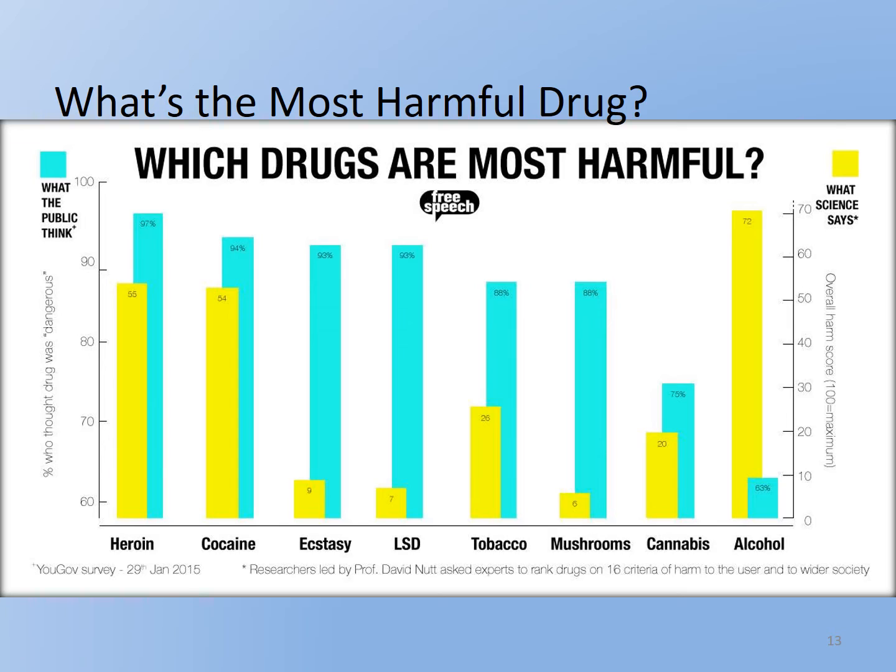And as you might expect, heroin and cocaine are high on the list, followed by ecstasy, LSD, and so on. But to experts in the field, alcohol is by far the most damaging because of the number of people involved.